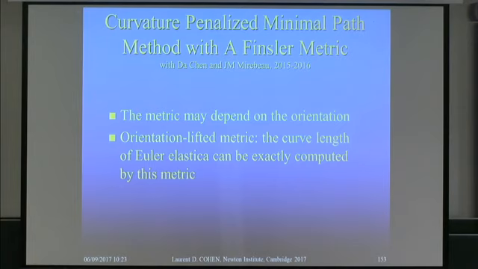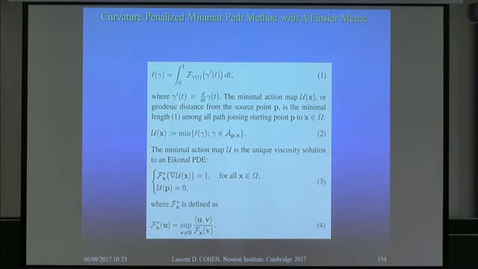In fact, the first goal here was to reintroduce the curvature that was lost in the first minimal path, the curvature that was present in the active contours, and the way it is reintroduced is using an orientation lifted metric.